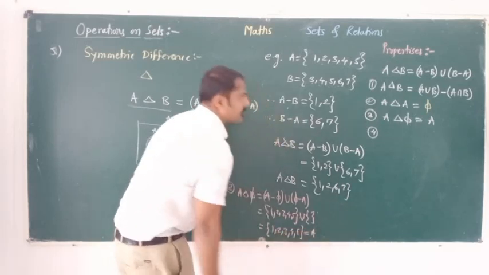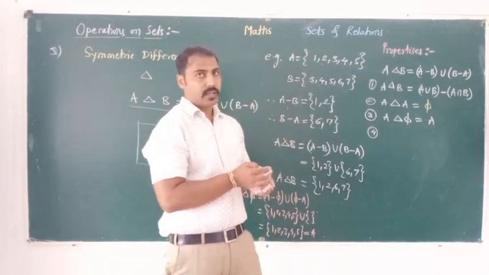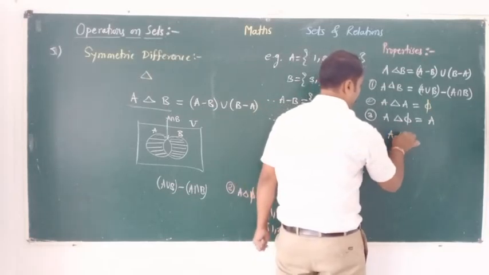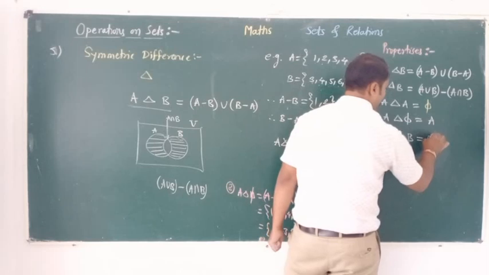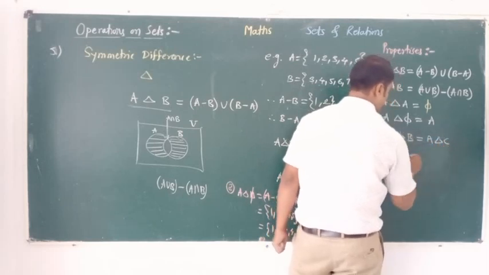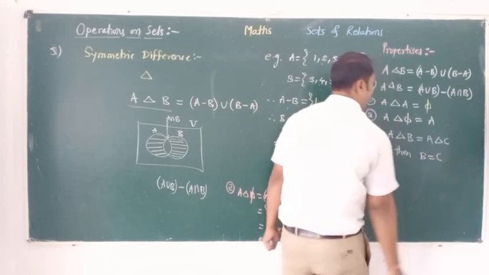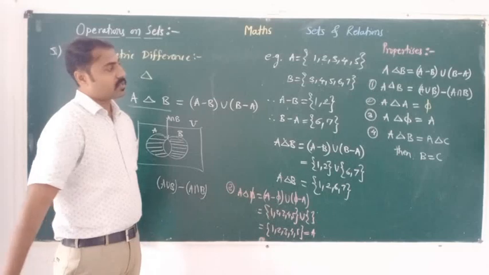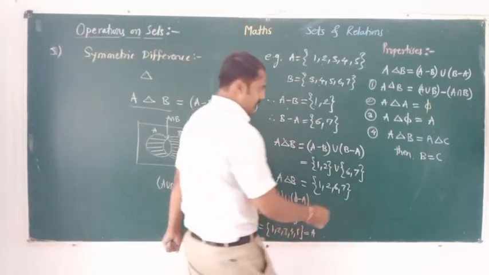It's A. A delta phi is equal to A. Next, if A delta B is equal to A delta C, then we say that B and C are equal sets.